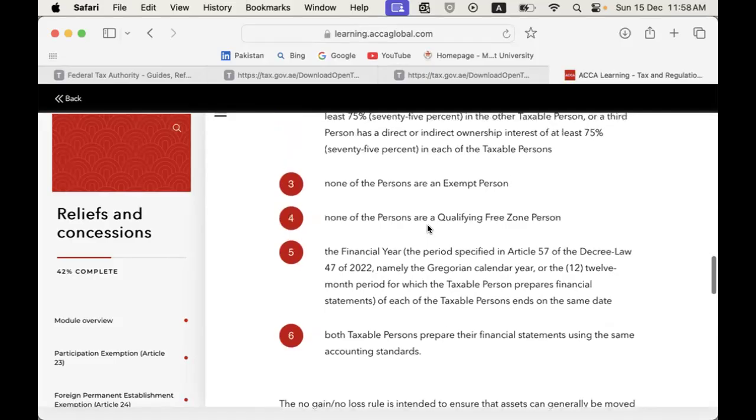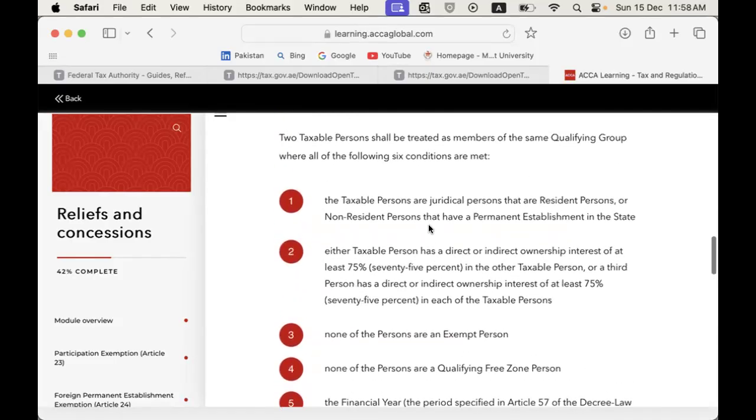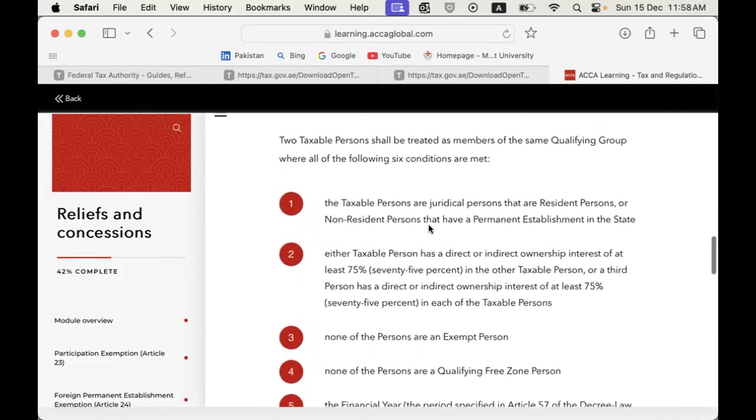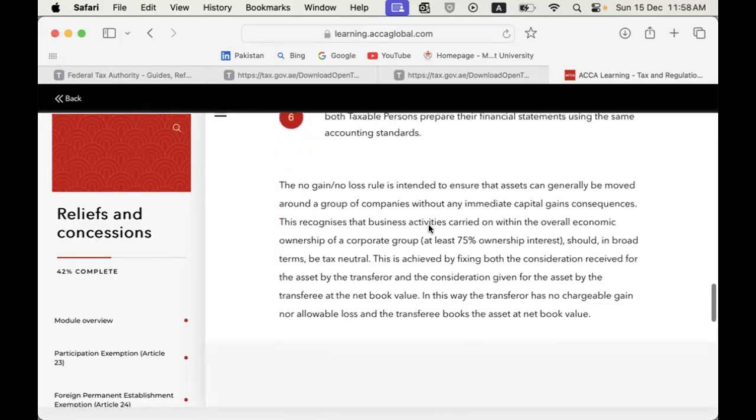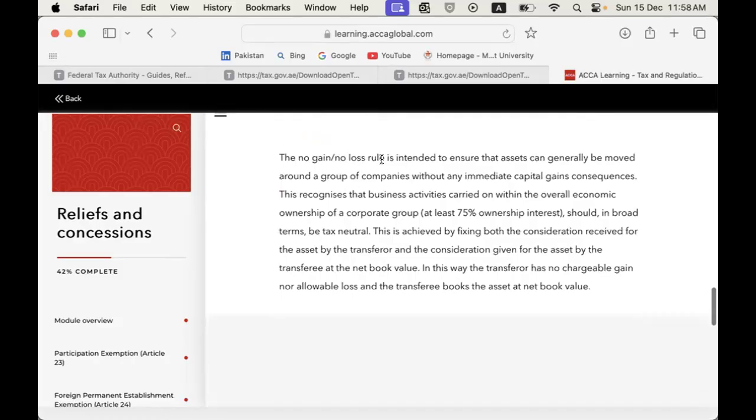Okay. So these 6 conditions have to be met in order for two or more companies to be construed as a qualifying group. And what will be the consequence once those two or more companies are successful in achieving the status of a qualifying group? What is the consequence, tax consequence?